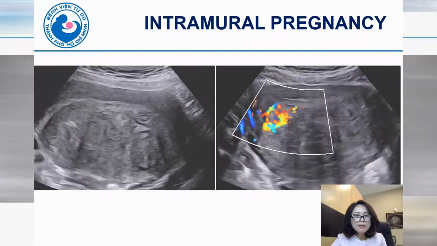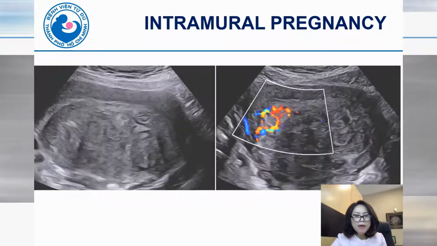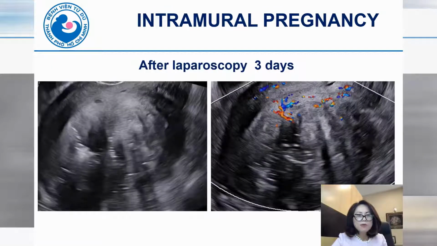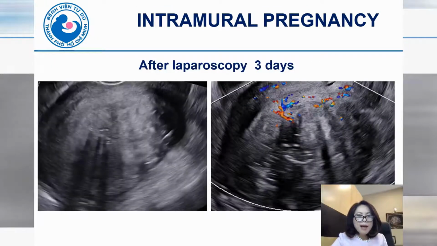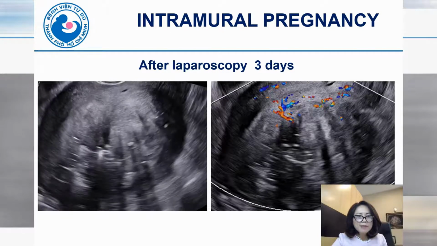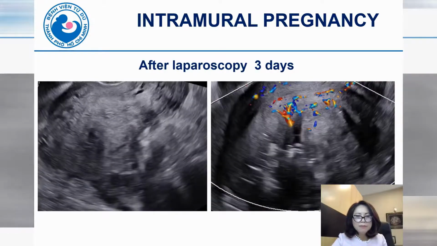We think this is an intramural pregnancy. However, because adenomyosis may deviate the ectopic GS, we did an MRI to confirm. On MRI, we can see very clearly that this is the GS implanted in the posterior uterine wall, combined with adenomyosis. On the scan 3 days after laparoscopy, we took out the GS and we don't see it anymore.